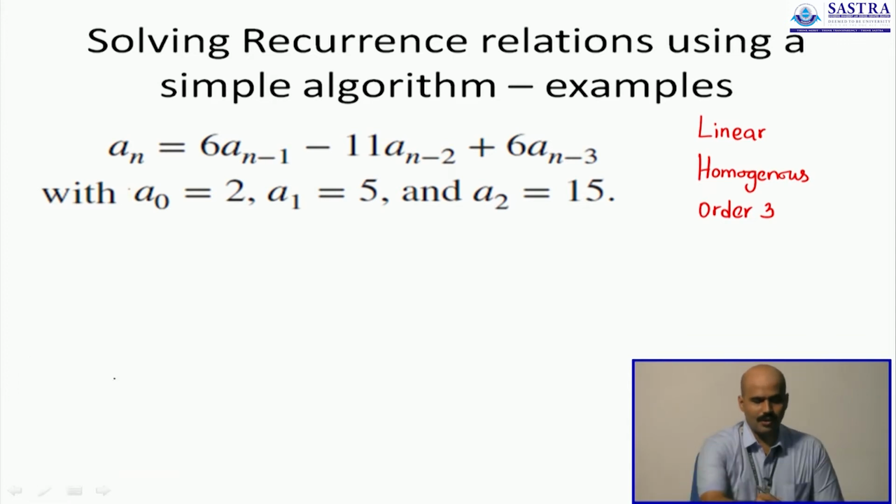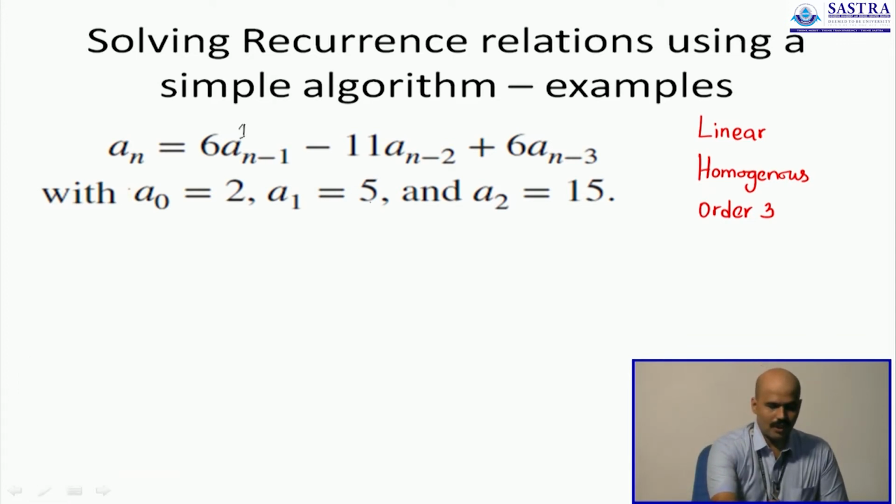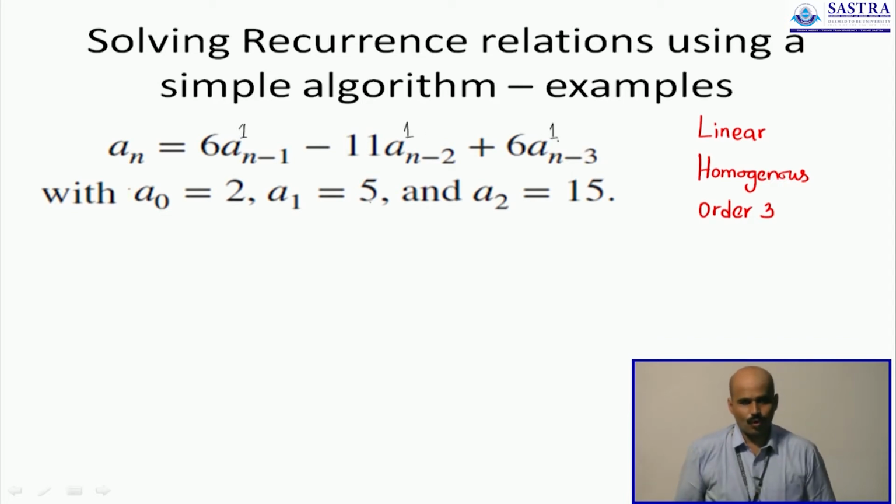It is linear because every term appears with the power of 1. You are not squaring any previous term of the sequence, you are taking them as they are. It is homogeneous because the recurrence relation depends only on previous terms and not any function of n. Therefore, it is also homogeneous.